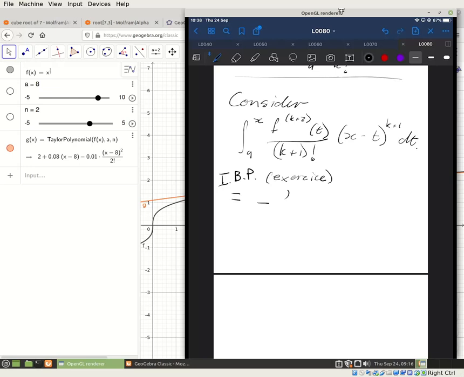So we get minus f^(k+1)(a) times (x minus a)^(k+1) all over (k+1) factorial, plus, and what we will see is we will obtain ek.